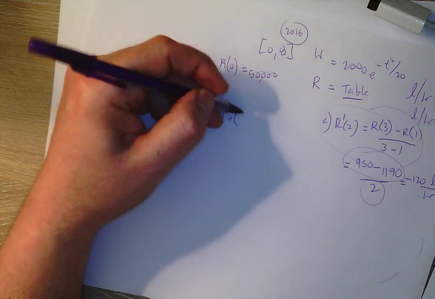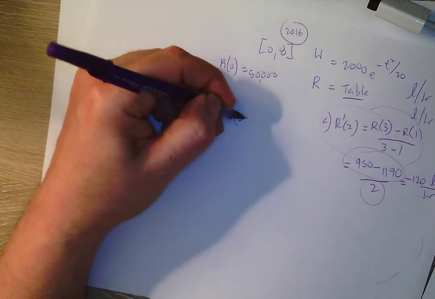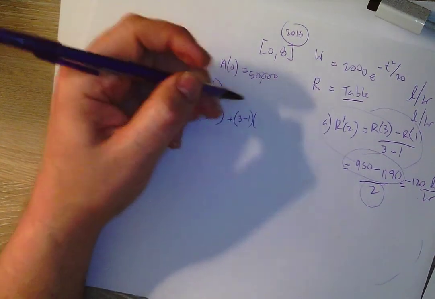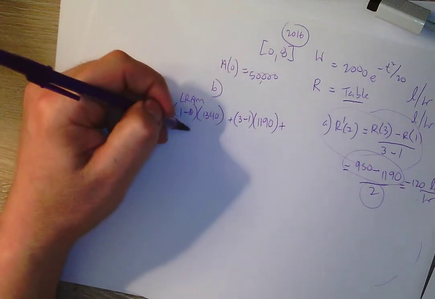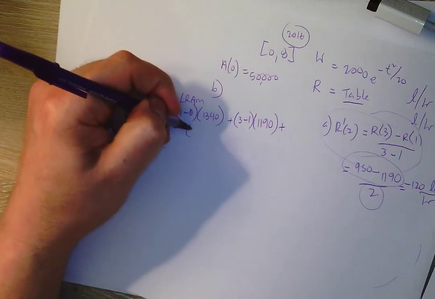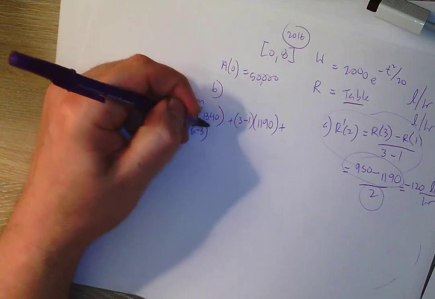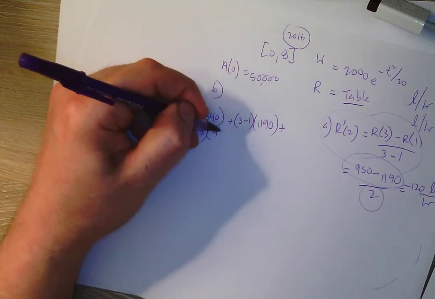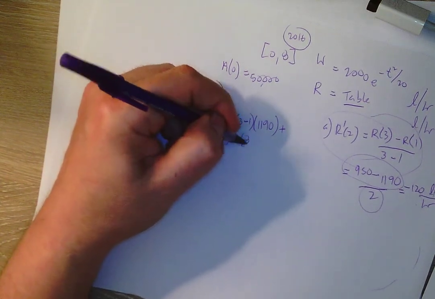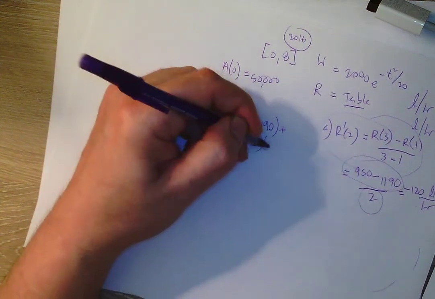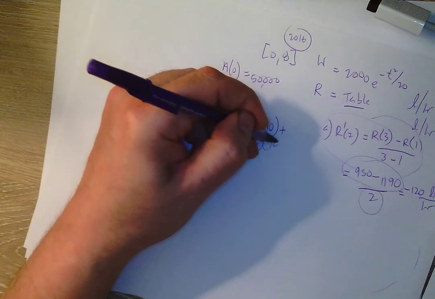Plus, my second interval goes from 1 to 3, using a second height of 1190. Plus, my third subinterval goes from 3 to 6, and I use the third height of 950. And my last subinterval goes from 6 to 8, and I use the fourth height of 740.